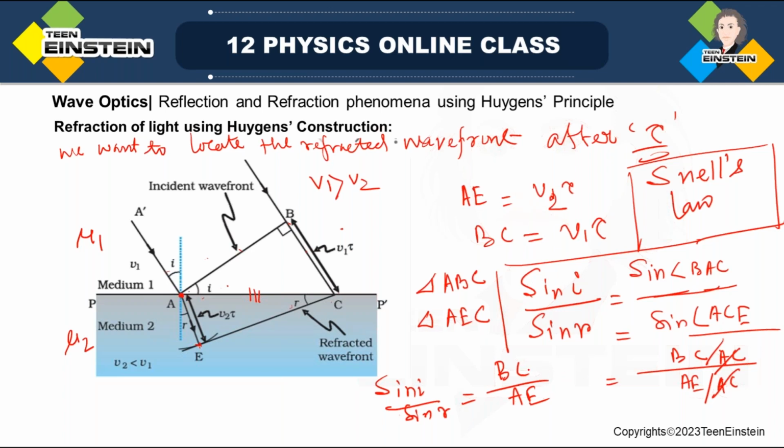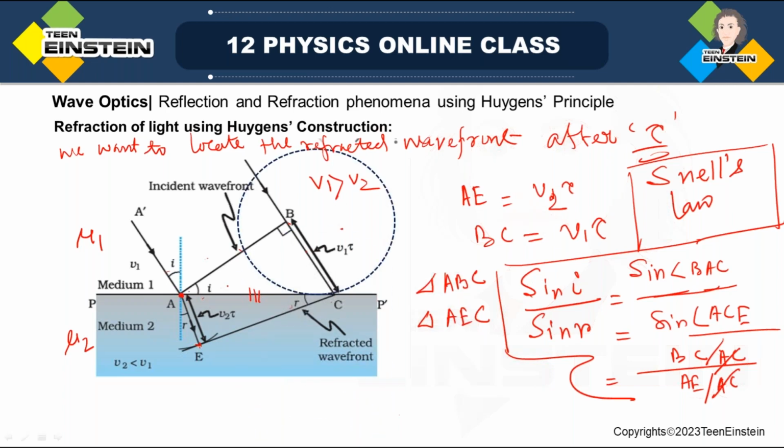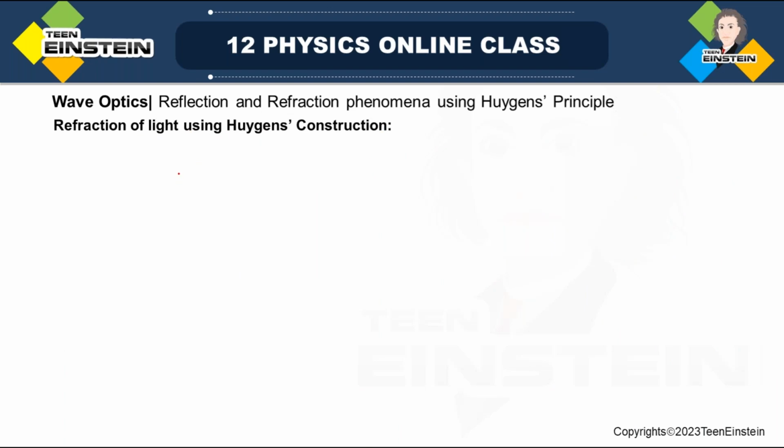What is BC then? I'm just actually going this way. Okay, let me just go to the next page. That will make things a little cleaner. So sine i by sine r, or sine BAC by sine ACE.